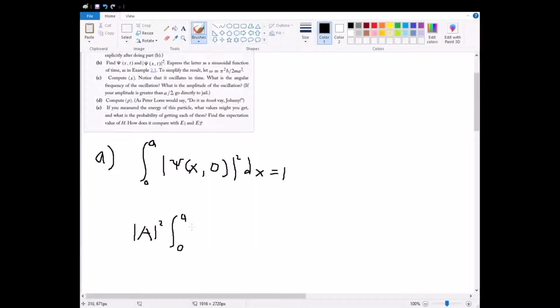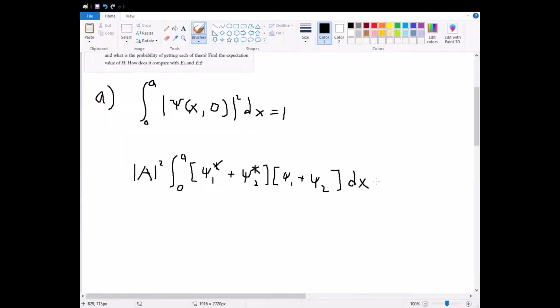So this is going to be psi 1 star plus psi 2 star, multiplied by psi 1 plus psi 2, dx. And this necessarily equals 1 due to normalization.